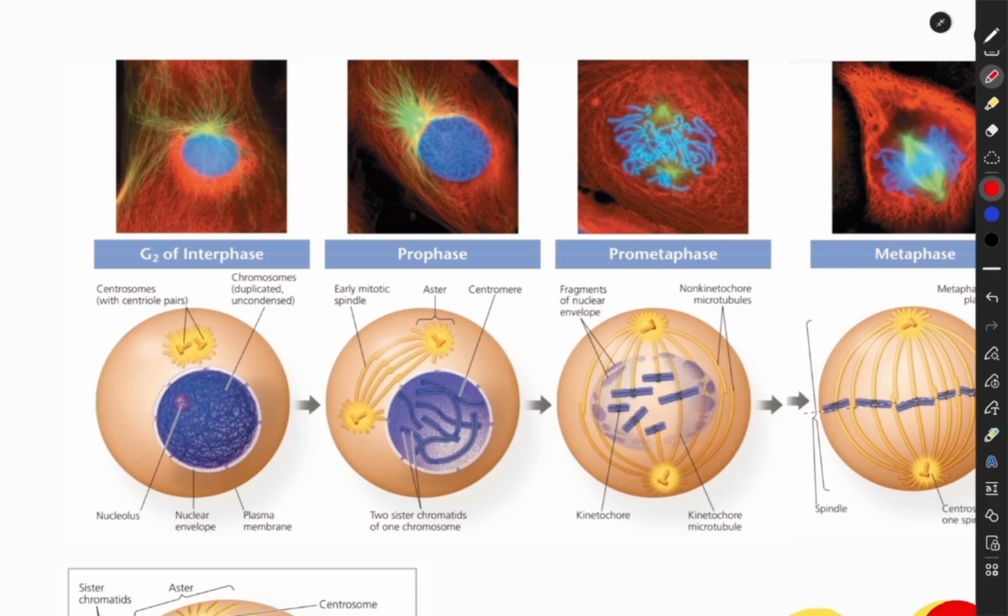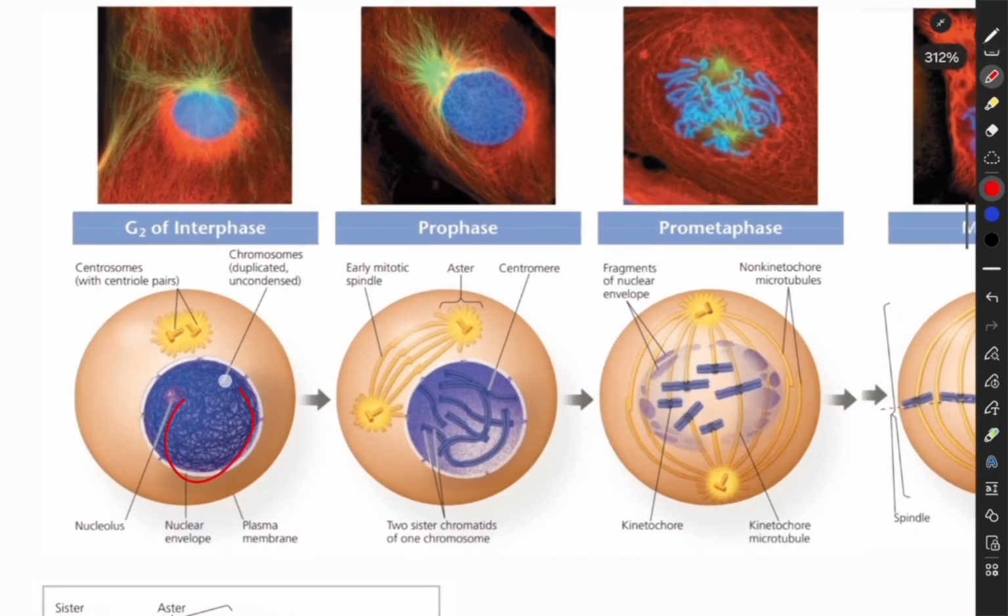Each centrosome contains two centrioles, which are perpendicular to each other. Yeah, it's just additional information. Chromosomes duplicated during S phase cannot be seen individually because they have not condensed. They are still in this uncondensed form.